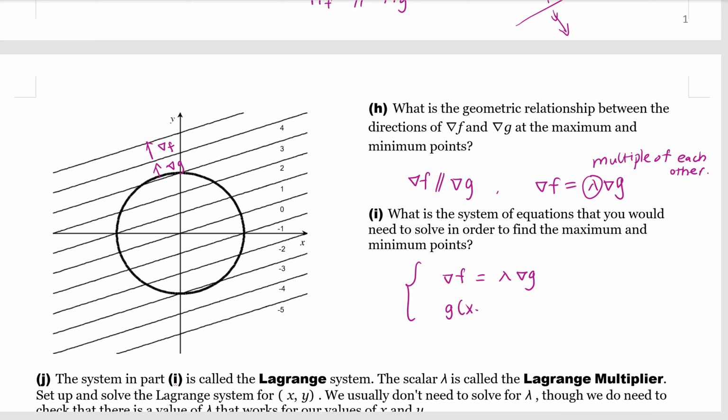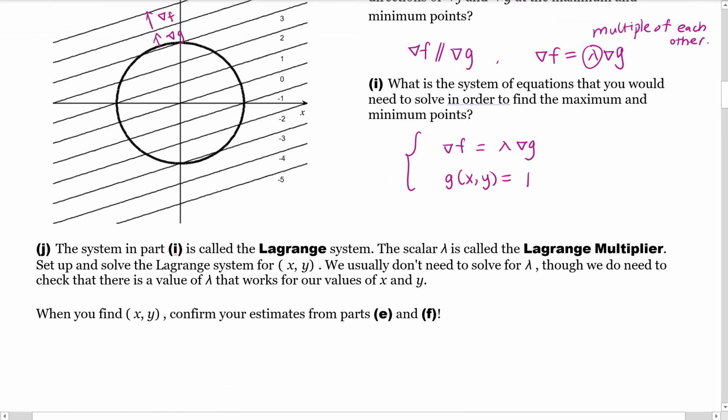So g of x, y equals 1. This was the constraint. Okay, everybody? So we have a system of two equations, and we have two unknowns. The point is x, y, right? So with two equations and two unknowns, we should be able to solve it.